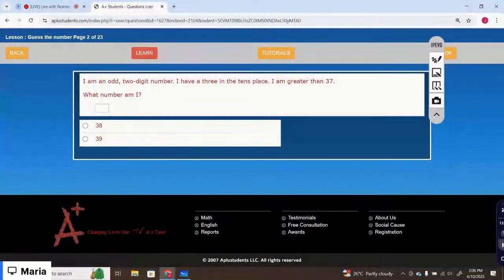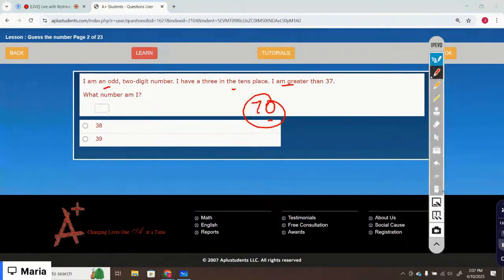I'm an odd two-digit number. I have a 3 in the tens place.